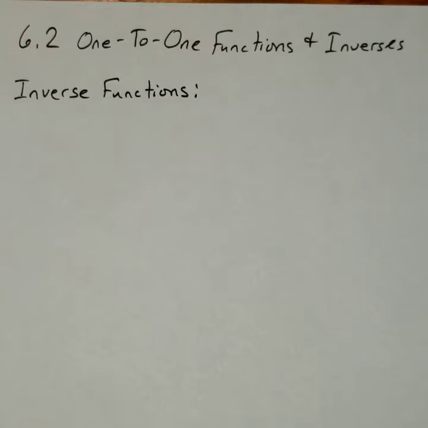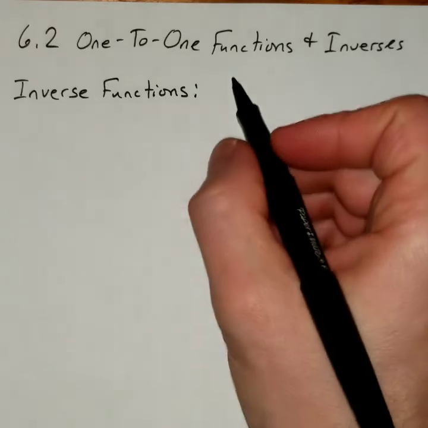We've dealt with a lot of functions now, inputs and outputs, and we've dealt with compositions of functions along with combining them in other ways like adding, subtracting, multiplying, dividing. So now we're going to talk about looking at pairs of functions, in particular these inverses.